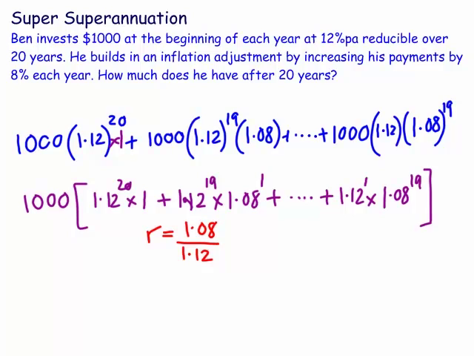Now, how many terms are there? Well, there's 1 to 19, and an extra one, so it's going to be 20 terms. So we need the sum to 20 terms of this geometric series.